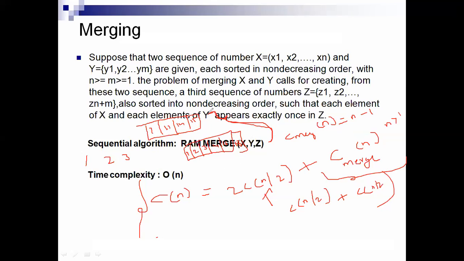So the worst case is C of merge of n equal to n minus 1. We discussed the time complexity of merge sort in the worst case.